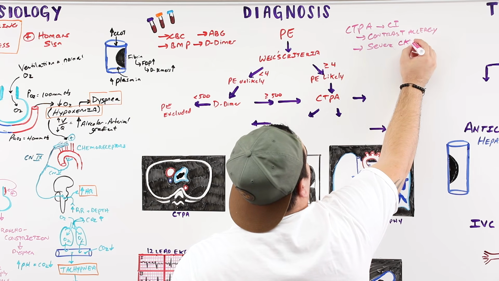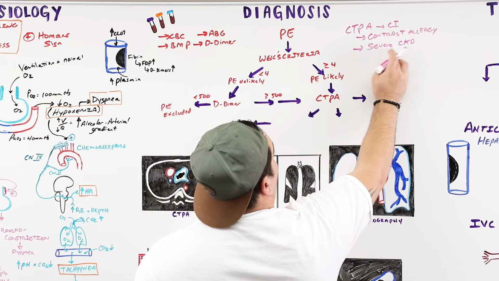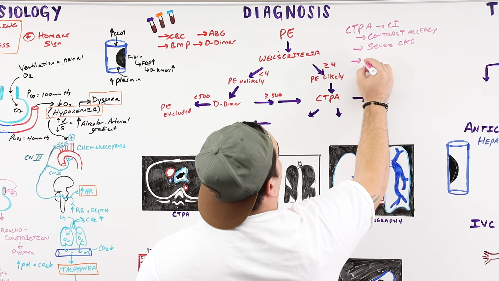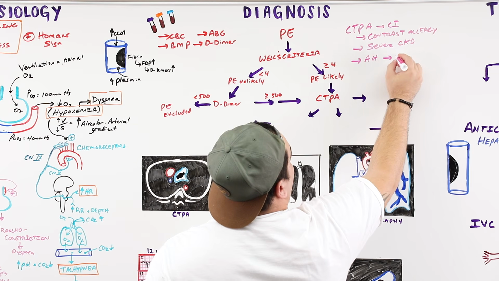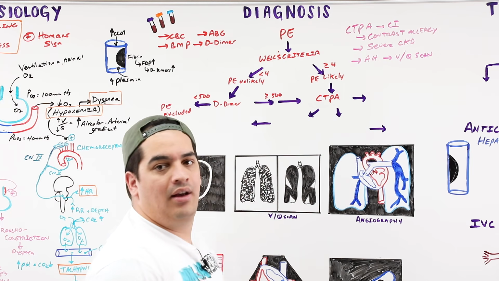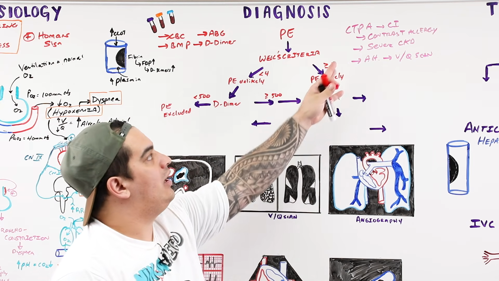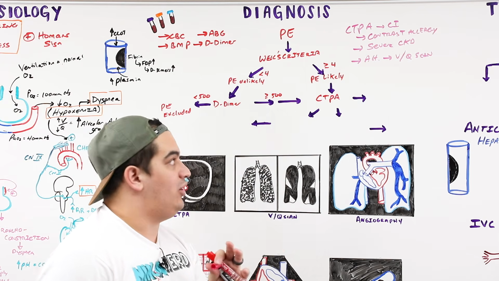In those situations, you might not be able to get a CTPA. In those scenarios, an alternative is what's called a VQ scan. We'll talk about that a little bit later, okay? So an alternative to a CTPA in those circumstances may warrant a VQ scan.